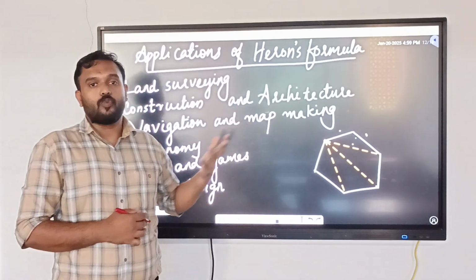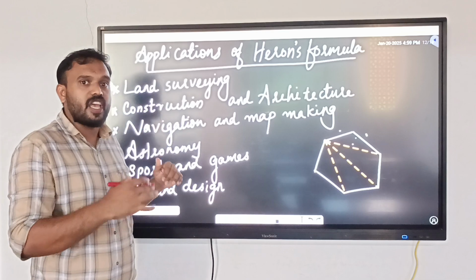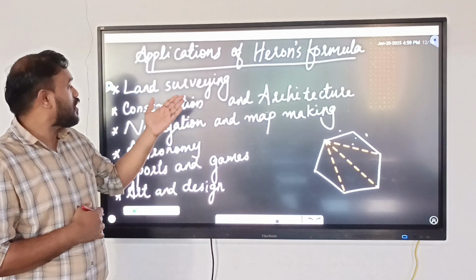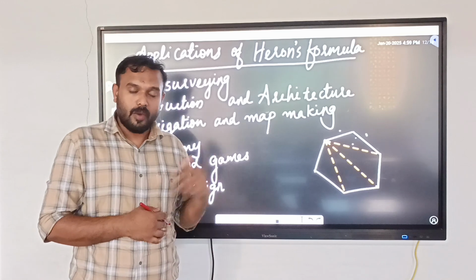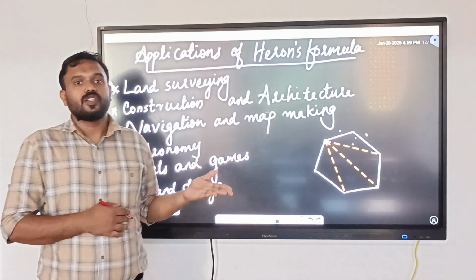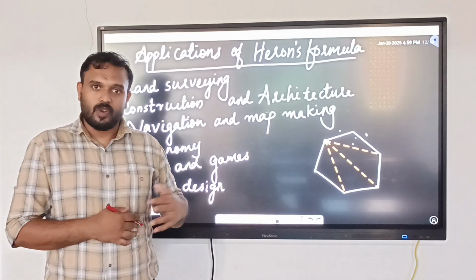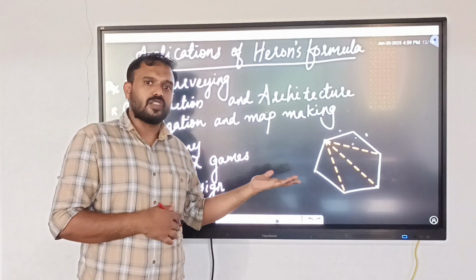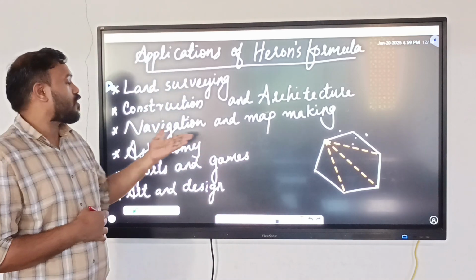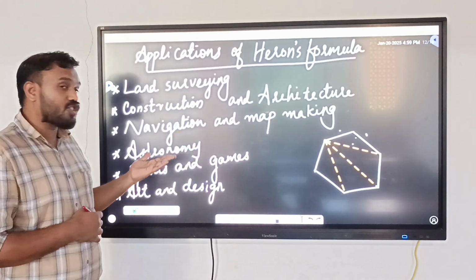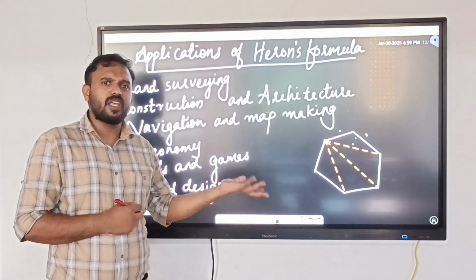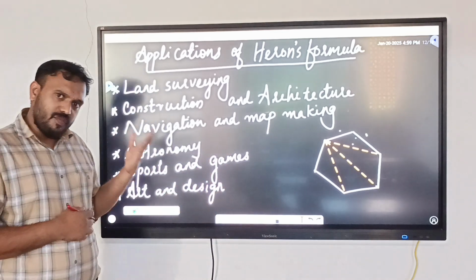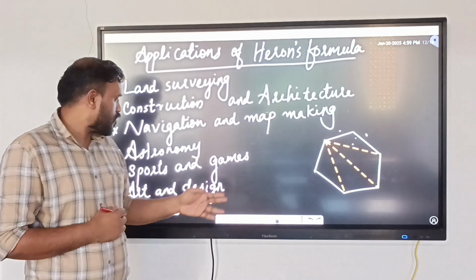When they are constructing new buildings, especially to find the area of the triangular regions, they will use Heron's formula. And navigation and map making also, especially with the different types of lands. And astronomy, to find the area of the stars, celestial bodies. So everywhere they will use this Heron's formula.